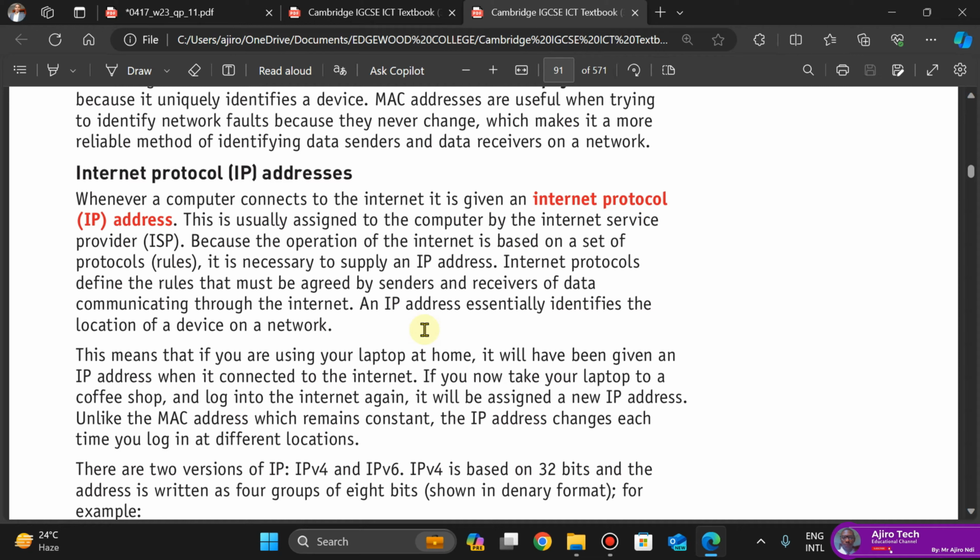Please take note: whenever you connect to a network, you're being given an address. So invariably, an IP address identifies the location of a device on a network. They are unique identifiers.